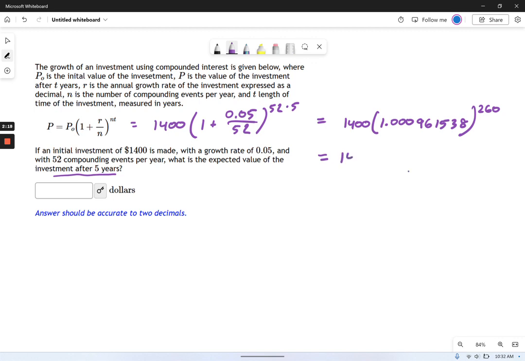So when I simplify that, I get 1,400 times 1.28387. So the big decimal raised to the 260th power is a slightly greater value. It's 1.28 now. And I multiply that by 1,400. And I get $1,797 and about 42 cents.